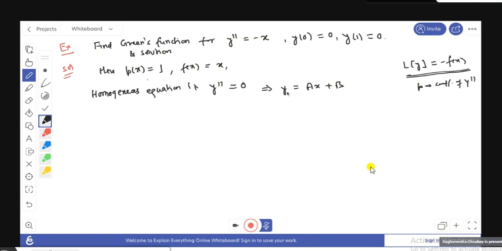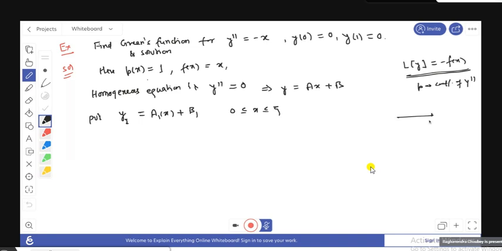Here we put in our Green function. If we take y1 as a1 x plus b1, since y equals ax plus b is a solution for all x belonging to a and b, then for x lying between these two points.